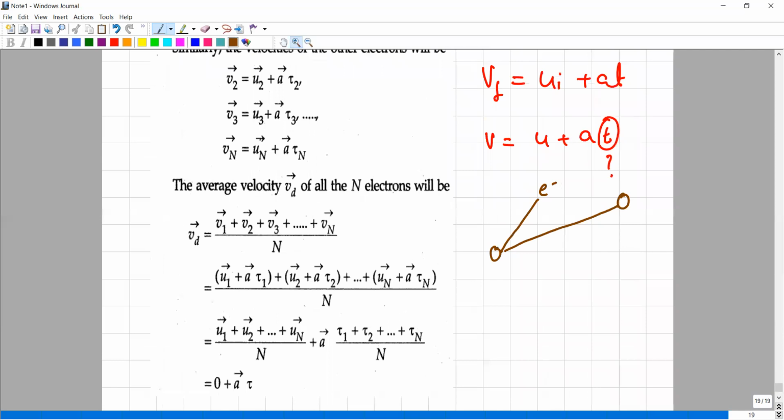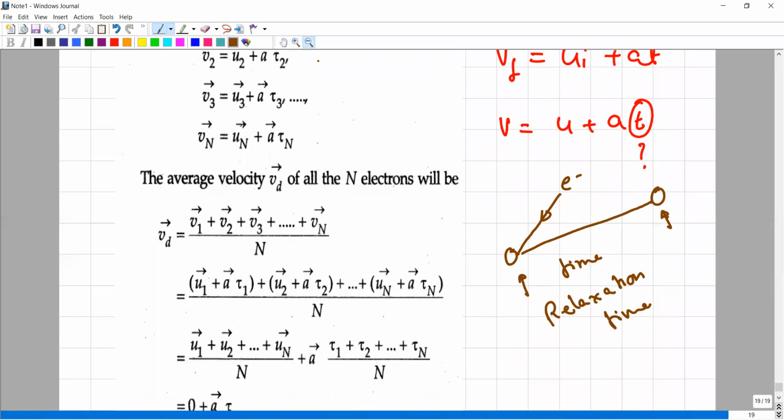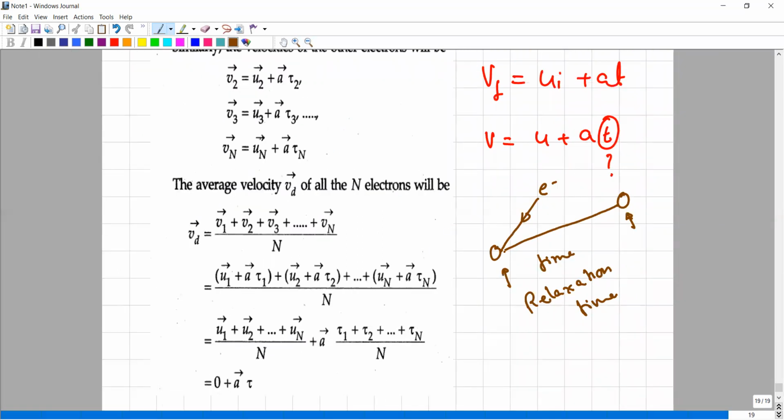So in this particular motion, the electron is coming here, colliding here and then going here. So the time between the two successive collisions of the electron, this time here, is called the relaxation time. Okay, so the time between two successive collisions is the relaxation time.